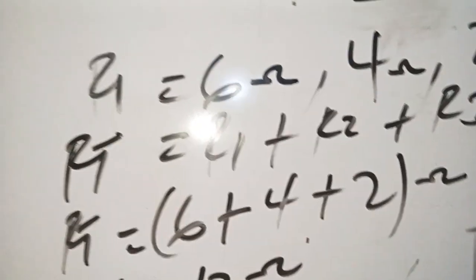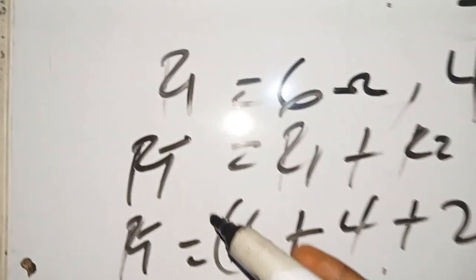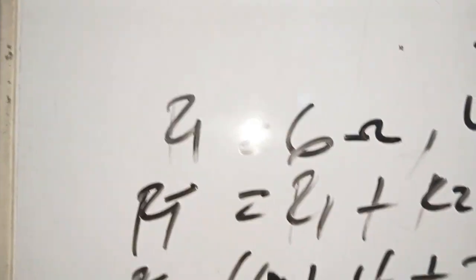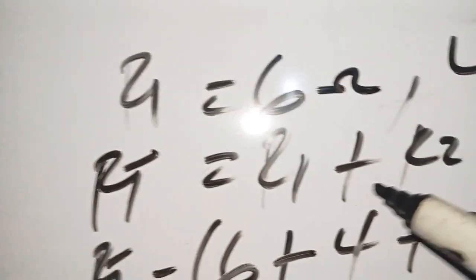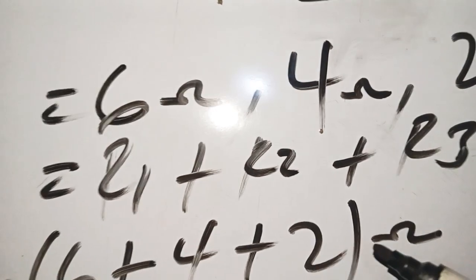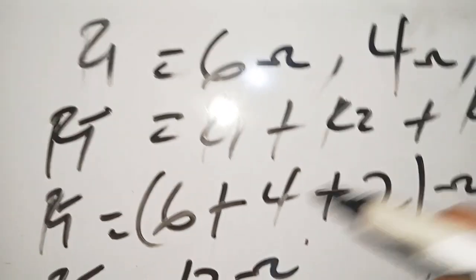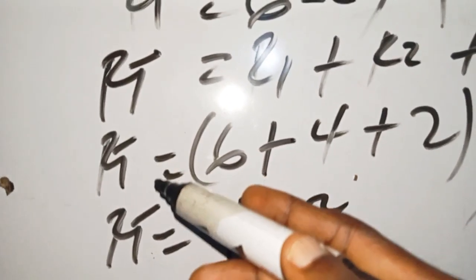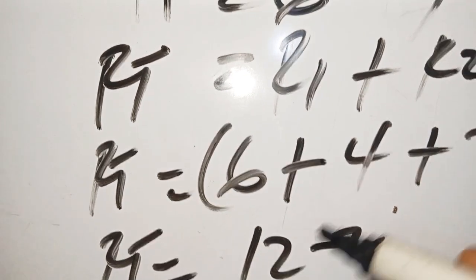So we use the formula RT, total resistor, is equal to R1 plus R2 plus R3.